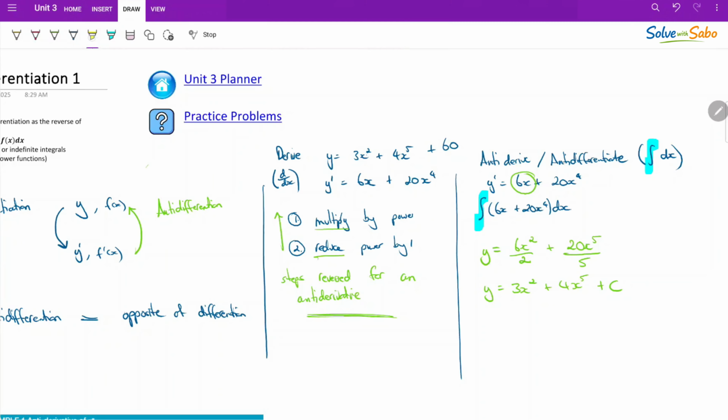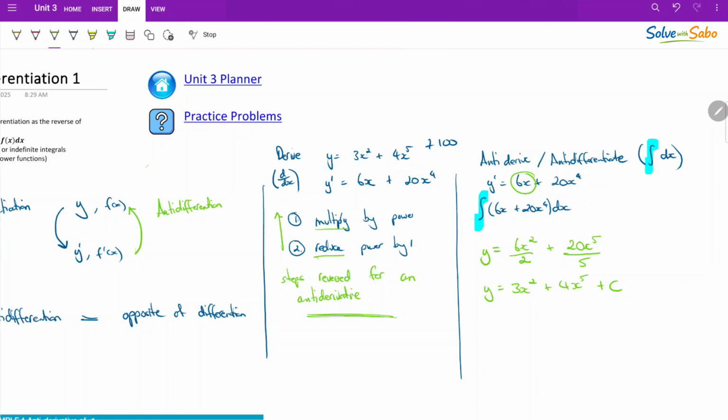It could have had a plus 100 on the end of it. I'm still going to get that same derivative. So all we're saying by putting a plus c on the end of it is, hey, without any more information, we don't actually know whether there was like a little plus 100 on the end. We just don't know. Okay, we'll go deeper into how to work out what that c is in a little bit, but not right now.